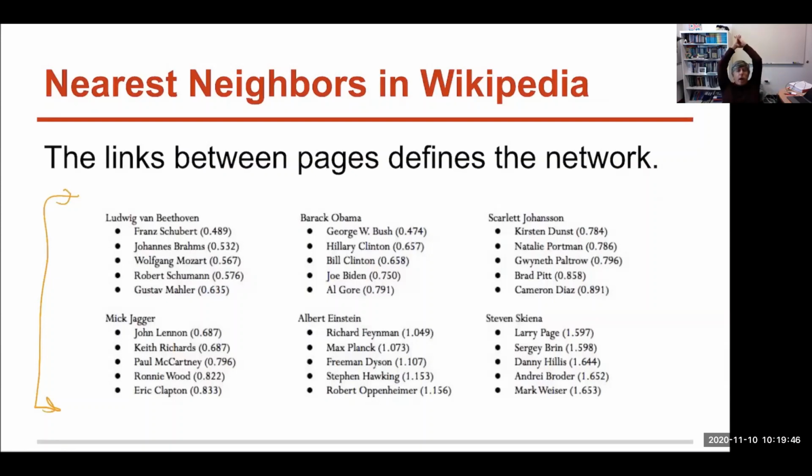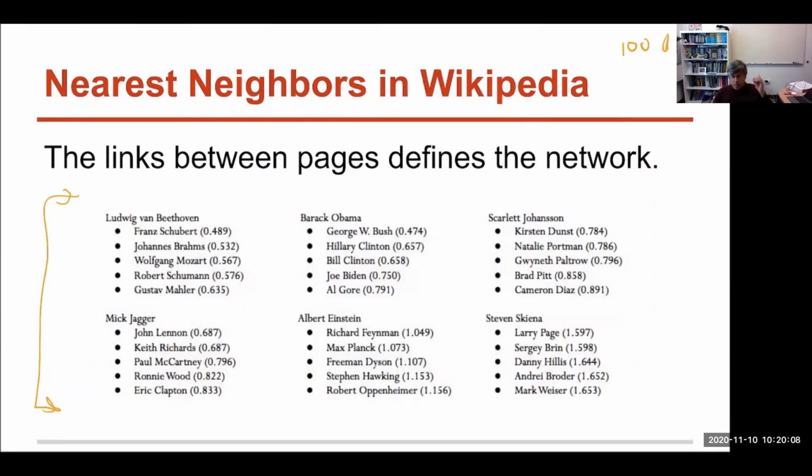We used this graph embedding technique we had invented called DeepWalk, which is actually now pretty popular, and used it to try to come up with a low dimensional, let's say 100-dimensional representation of all the people in Wikipedia.